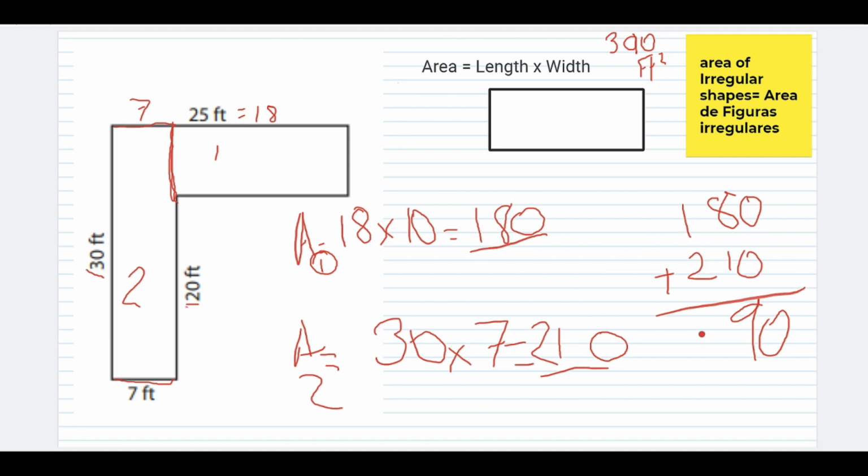And 1 plus 2 is equal to 3. So we have the same answer, 390 square feet. No matter how you cut it, you should have the same answer. In the first way, we have 390 square feet. In the second way we cut it, it gave us the same answer. So our answer is correct.